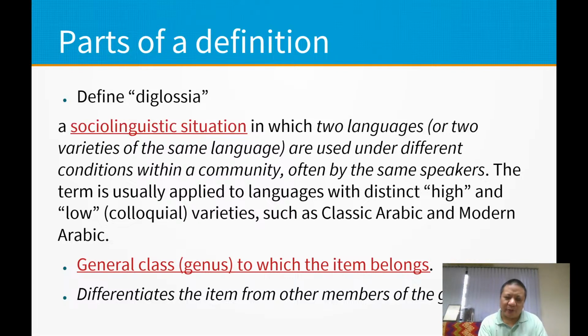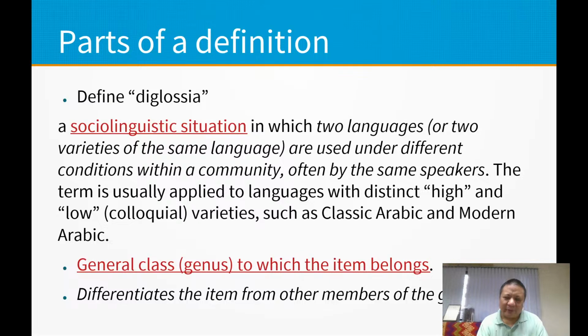The term is usually applied to languages with distinct high and low colloquial varieties, such as Classical Arabic and Modern Arabic. So, class, the part in red that's underlined is the genus, the general class to which the word belongs.